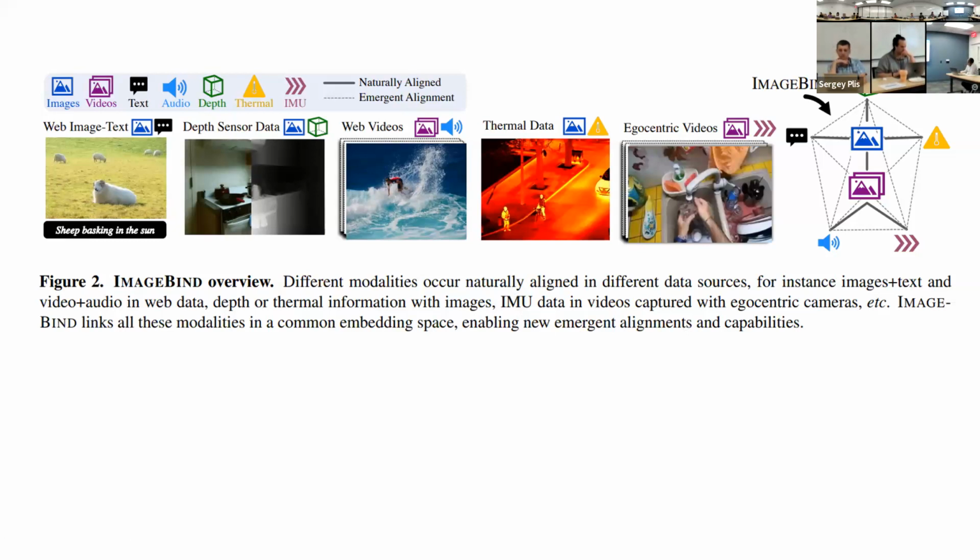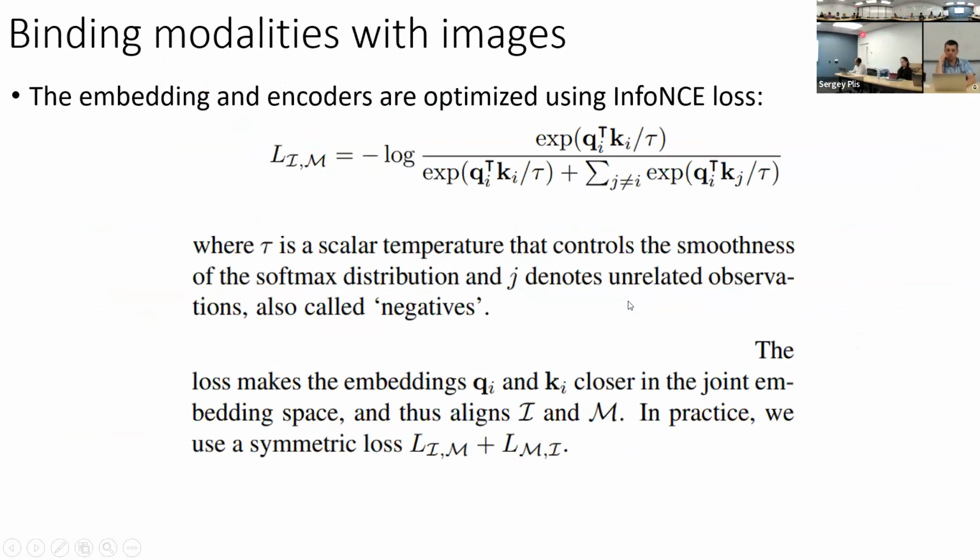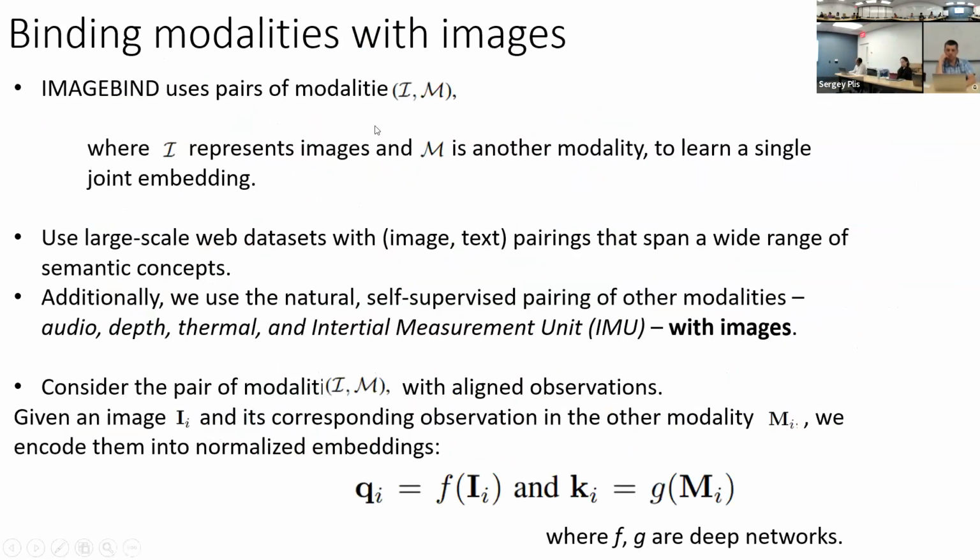They use only some naturally aligned pairs. They take the image as the anchor, and with the image, they take another modality like text, audio, and video. And then they train with these pairs, and this model can generalize to other pairs which are not seen during the training.